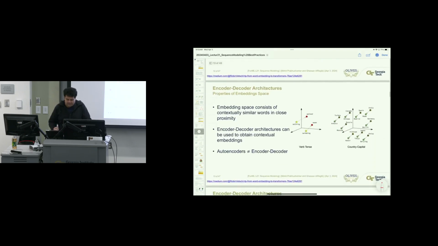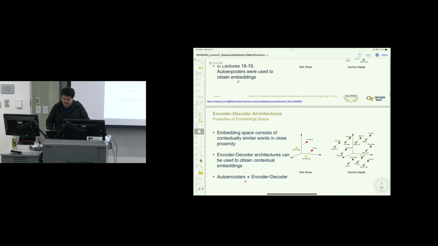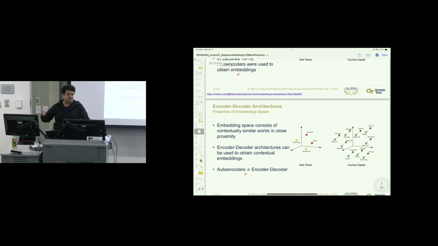But I want to be very clear, an autoencoder, at least in this class, the way we have defined it, is that an input is going to be reconstructed as its output. That means that if I give Canada, I need a Canada at the very end, right? So we have to be very careful in what we want out of our architecture. So we'll be defining something called an encoder-decoder, which is going to be different from an autoencoder. The only difference, of course, is that the input is not going to be the same as the output. Again, think of this from an application perspective.